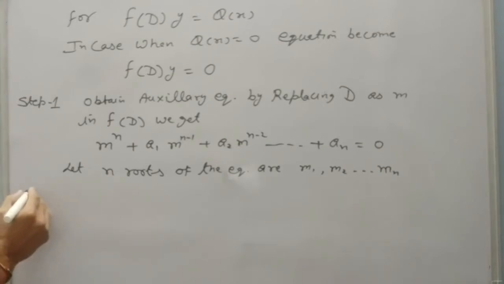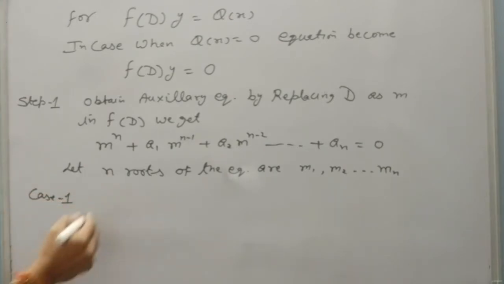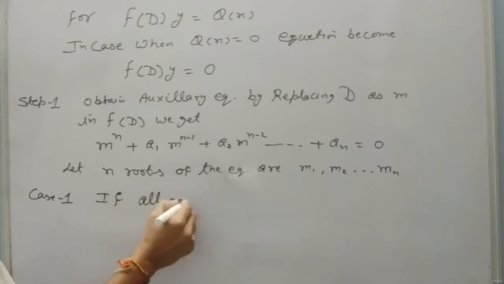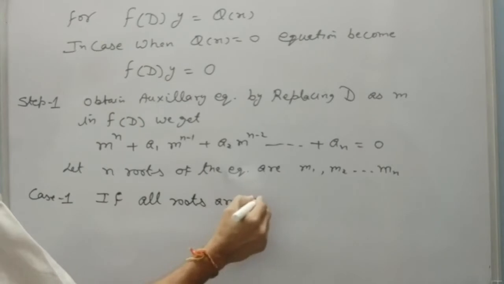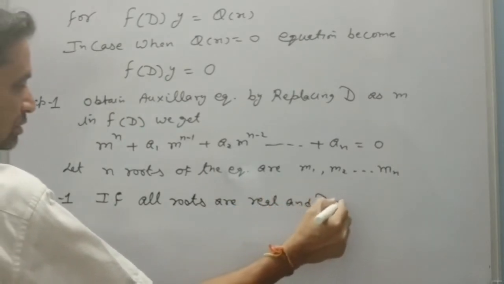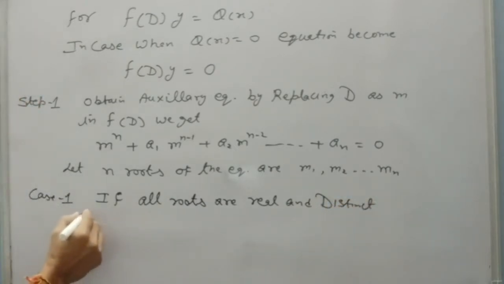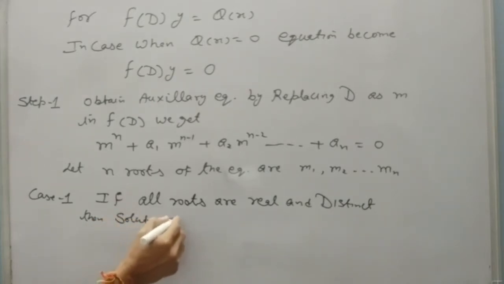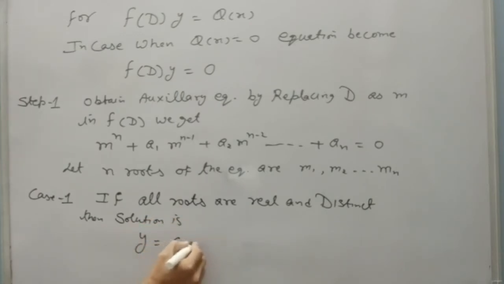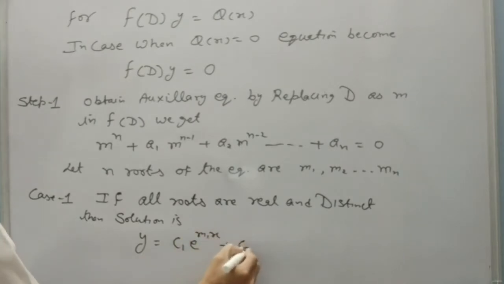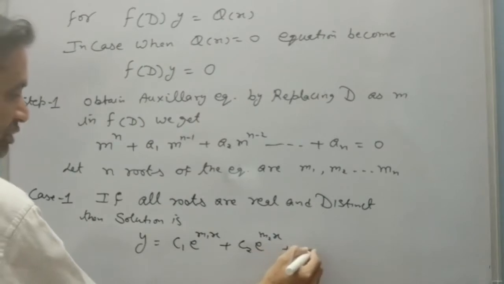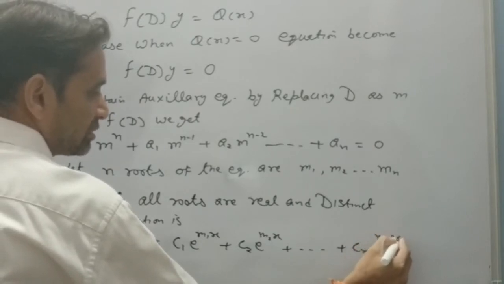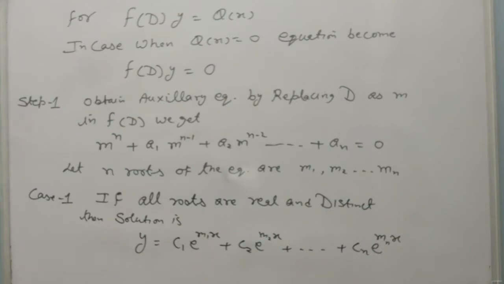Case number 1: if all roots are real and distinct, then the complementary function, the solution, is y = c1 e^(m1 x) + c2 e^(m2 x) and so on, plus cn e^(mn x). This is our solution if all roots are real and distinct.